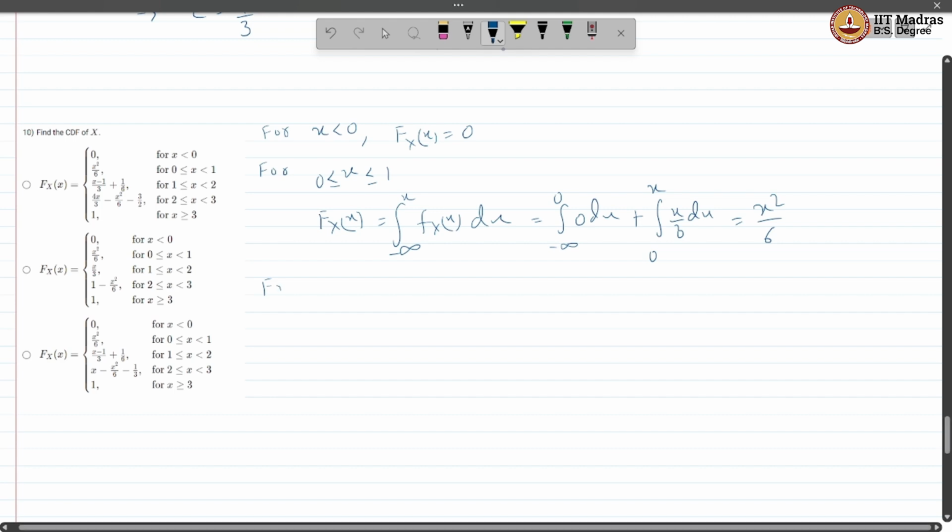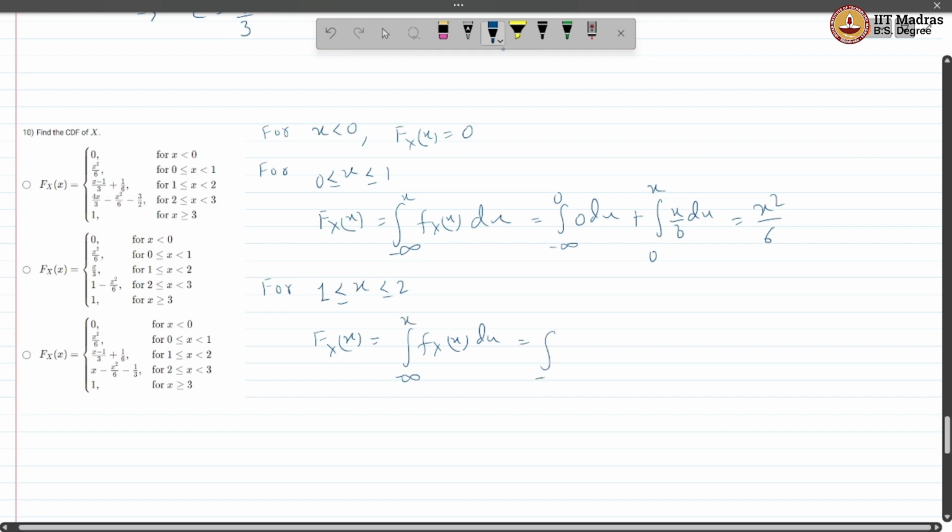And now for the interval where x is greater than or equal to 1 and less than or equal to 2, the CDF will be integration of f(x) from minus infinity to x with respect to x.